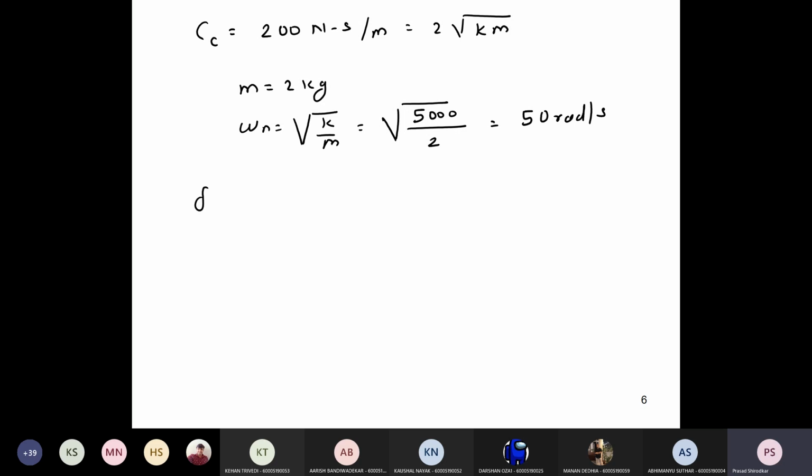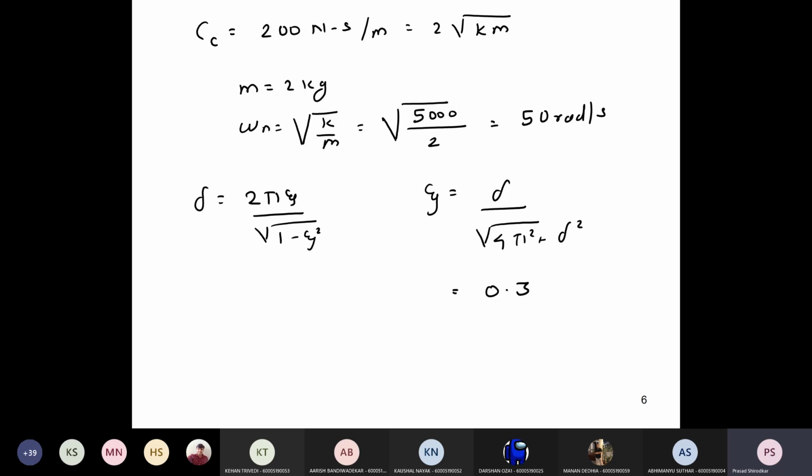And logarithmic decrement is delta, equal to 2 pi zeta upon square root of 1 minus zeta square. So zeta is equal to delta divided by the square root of 4 pi square plus delta square. That is equal to 0.3.